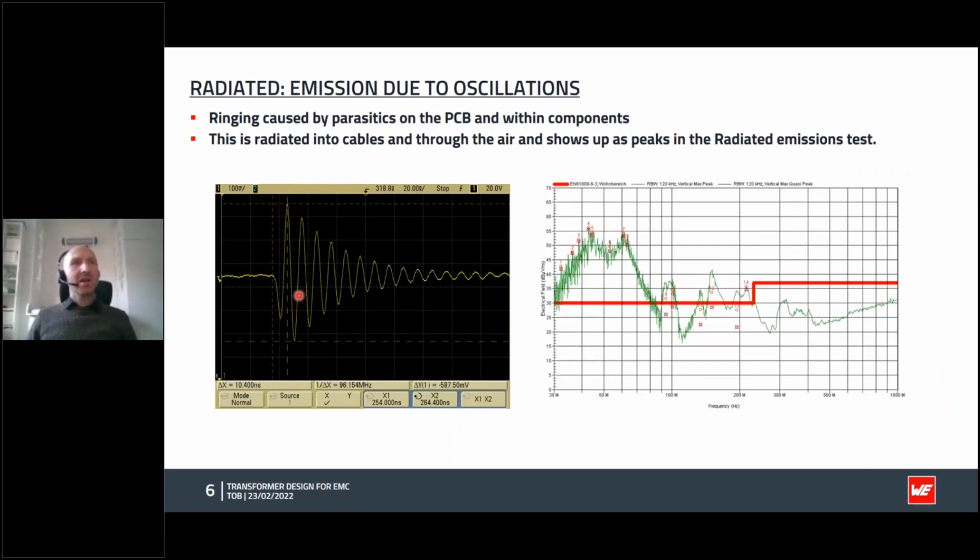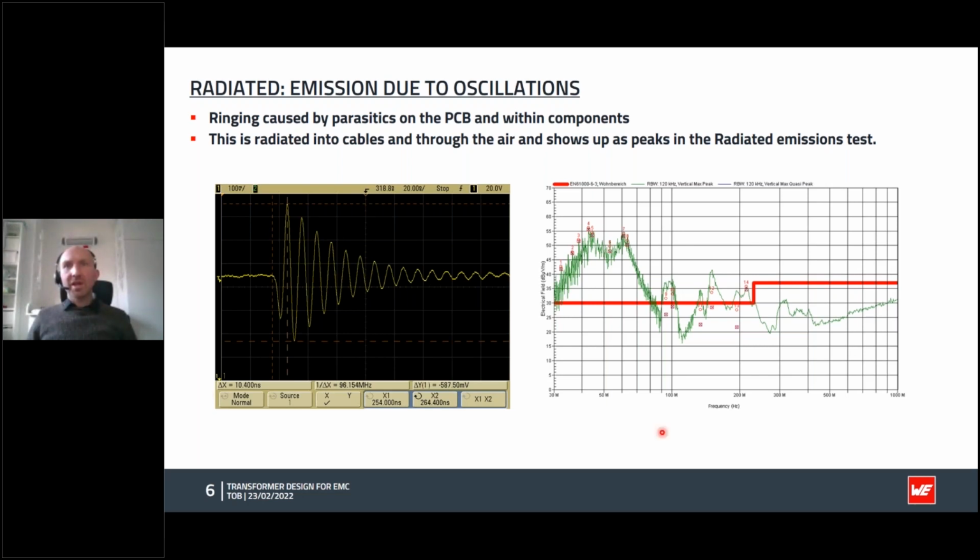Then I explained a little bit about those high frequency turn on and turn off cycles. They'll always have some sort of spikes and ringing due to the parasitic capacitances and parasitic inductances. And that high frequency ringing then will show up on your radiated plot.